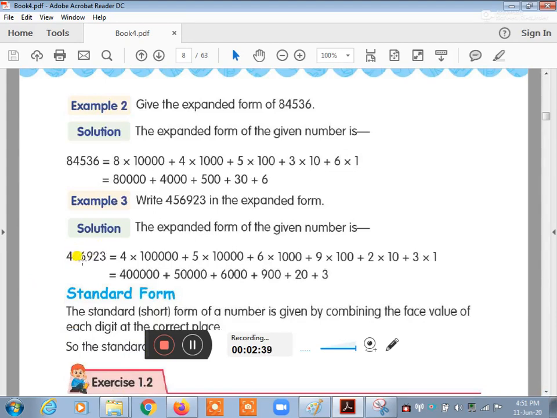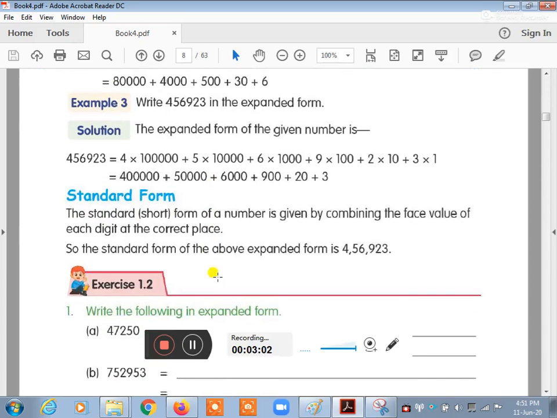So 4,56,923. So 4 into 1 lakh, 4 lakh, plus 5 into 10,000, 50,000, plus 6 into 1000, 6,000, plus 9 into 100, 900, plus 2 into 10, 20, plus 3 into 1, 3. So this is the expanded form.